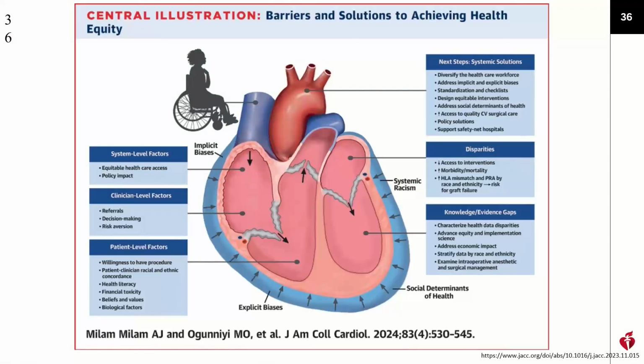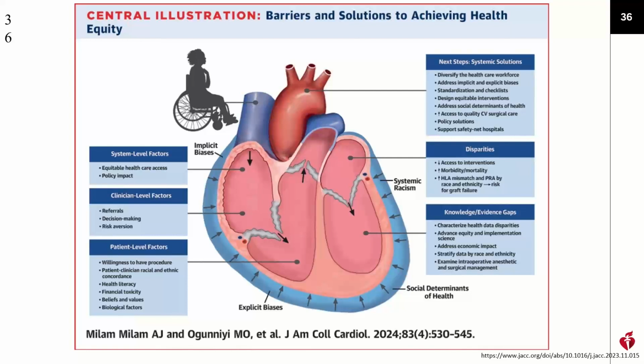And this is Dr. Ogunniyi's work that she reported back in 2024, looking at barriers and talking about solutions to achieving health equity. She talked about the role of implicit bias and explicit bias.